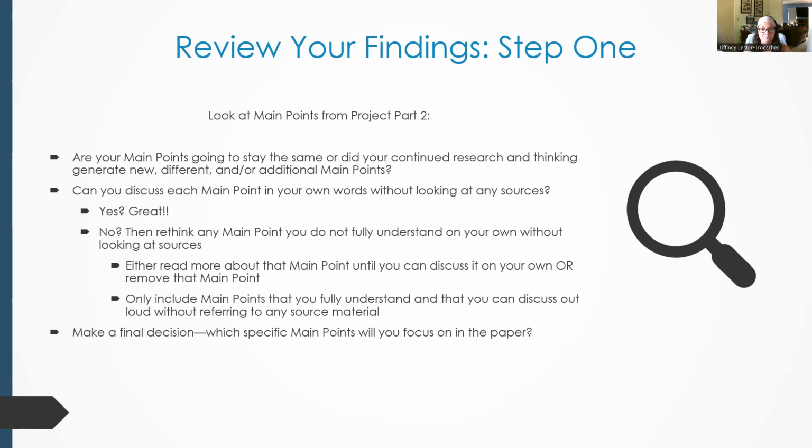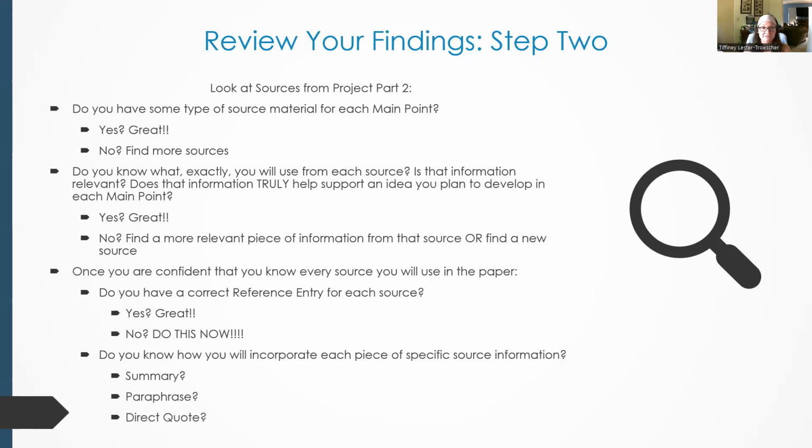Move on to step 2, which is to look at your sources from project part 2, right? Ask yourself, do I have some type of source material for each main point? Now, that could be any type of source material that is acceptable and credible.